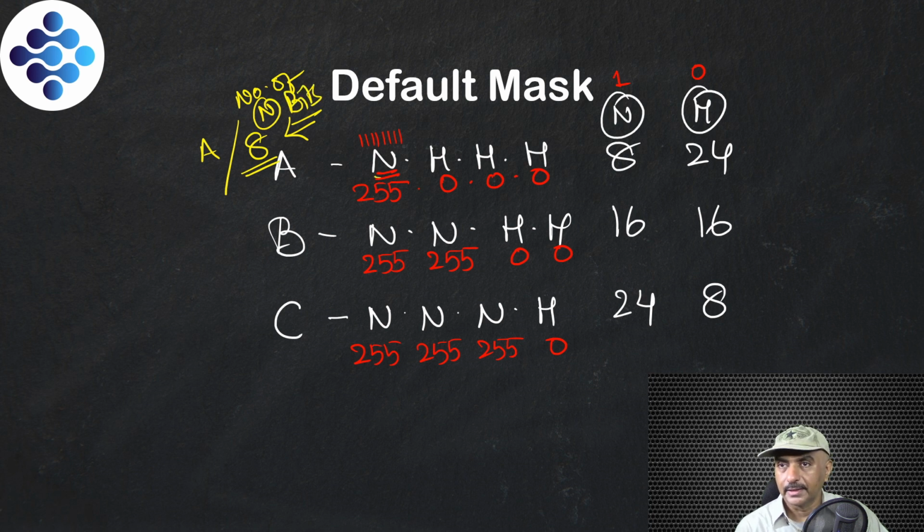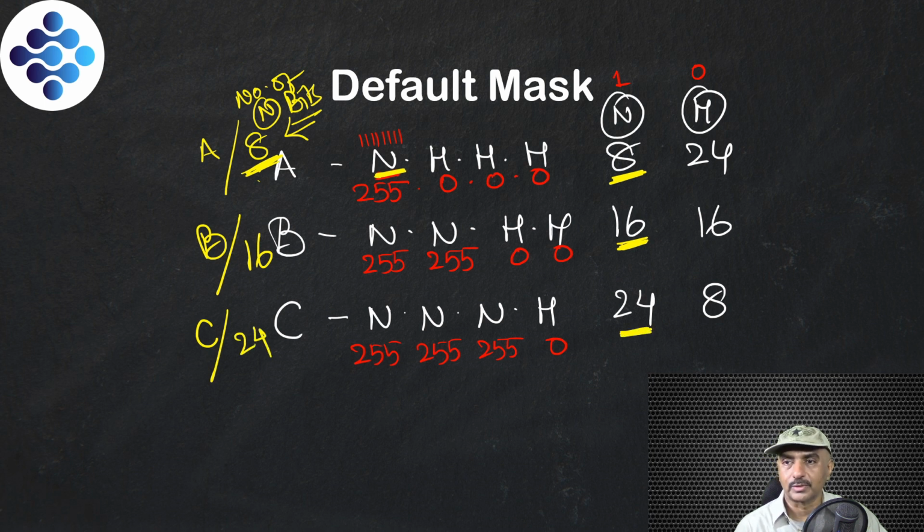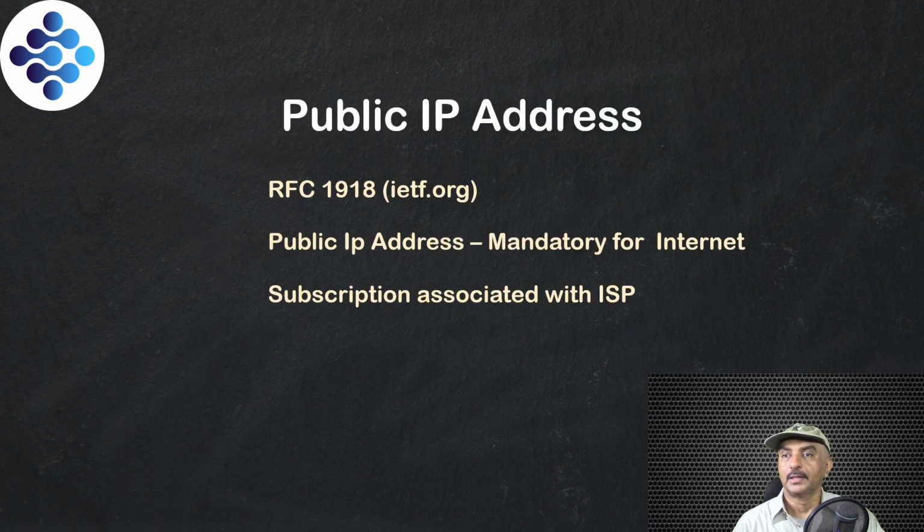There are 8 bits associated, so we call it /8. Now you must have guessed, class B, how much? 16 bits are used for network, so it is /16. Class C is /24, right? Because 24 bits are for network.